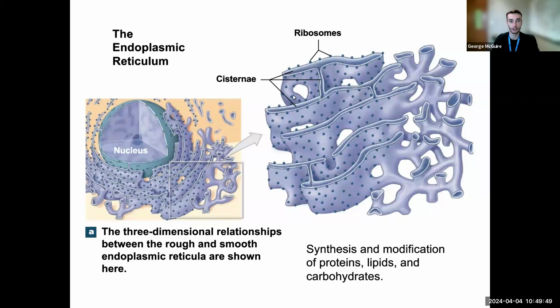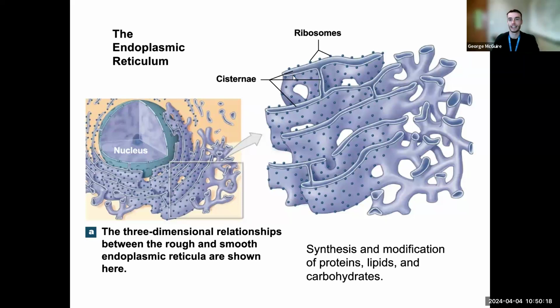There is some rough ER that we see in neurons specifically, called Nissl bodies, which we'll see introduced later in Unit 3. But in most of our cells, the endoplasmic reticulum is mainly all part of this interconnected system that is directly attached to the nucleus. And so we have our separation into rough ER and smooth ER, so RER and SER.